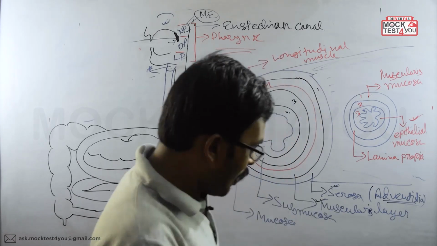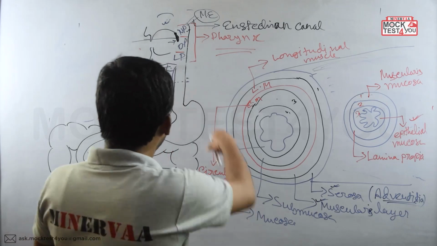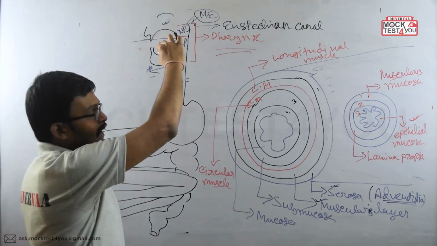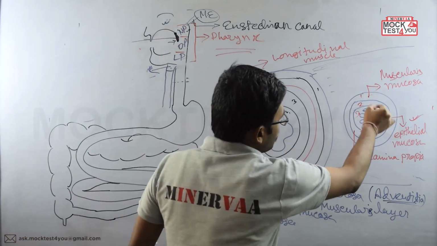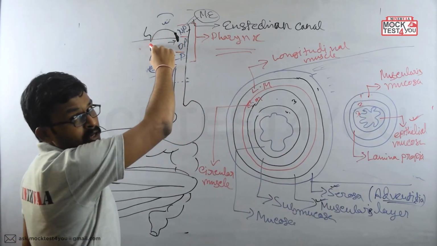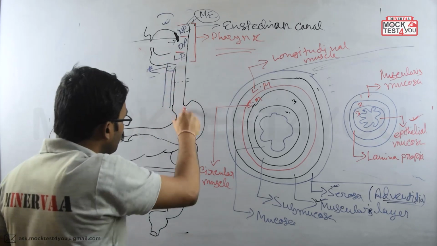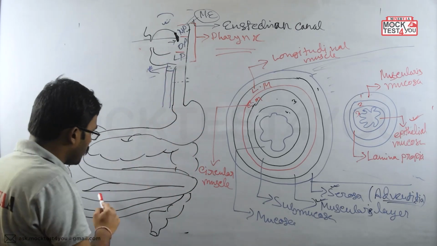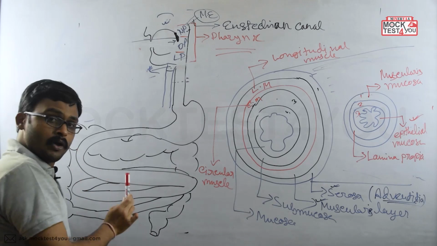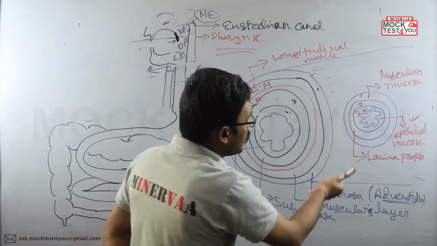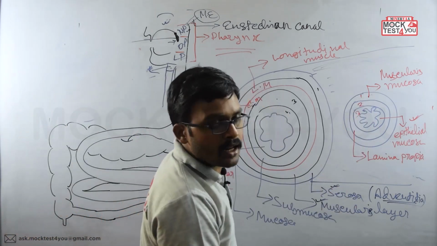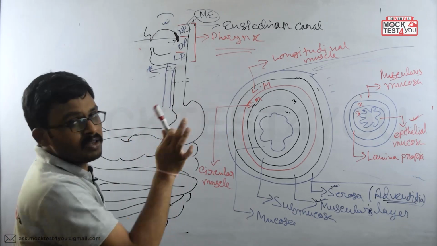Clear? Now this lining of epithelium towards the inner side starts from the oral cavity and extends throughout the alimentary canal, everywhere towards the innermost side. Every time towards the innermost side, we are getting the epithelial cell layer.